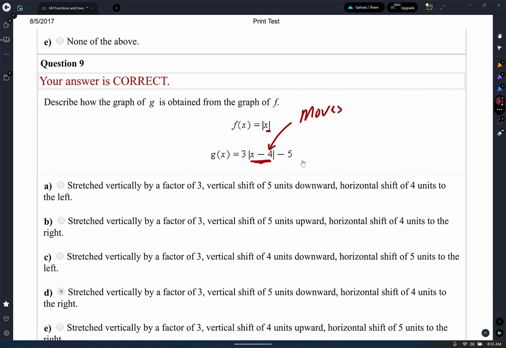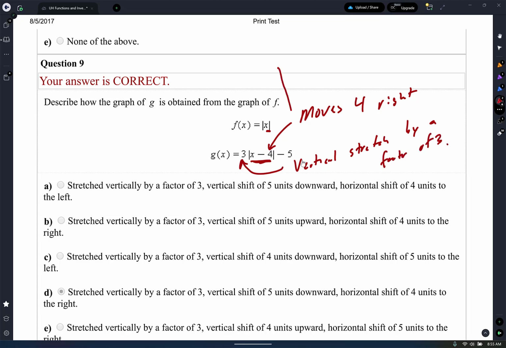Moves what? Yeah, how many times? Moves 4 right. That 3 is a vertical stretch by a factor of 3.